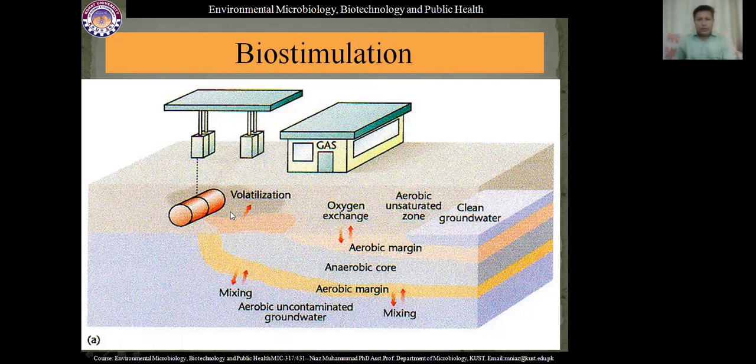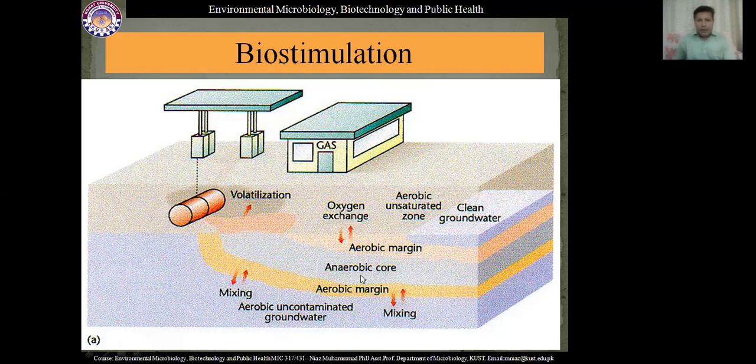Some components of the pollutant will be volatile, and volatilization will take place, because the majority of pollutants have different components, and most of them are volatile. So in the first step, when it spills into the environment, most of the portion will volatilize.